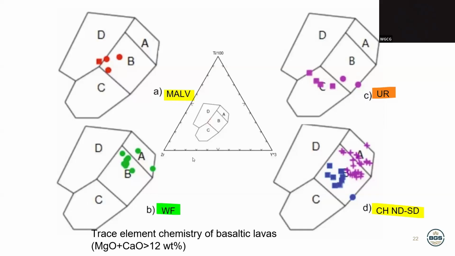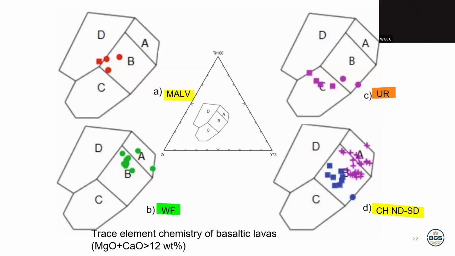I know most of you won't know much about volcanic geochemistry, but I'll tell you that we can crush a rock up to powder, analyze it in various ways, and plot the data we get on this diagram, which is a triangular plot of titanium versus zirconium and yttrium.